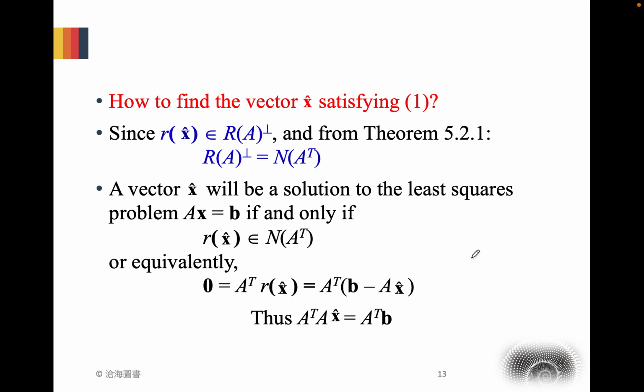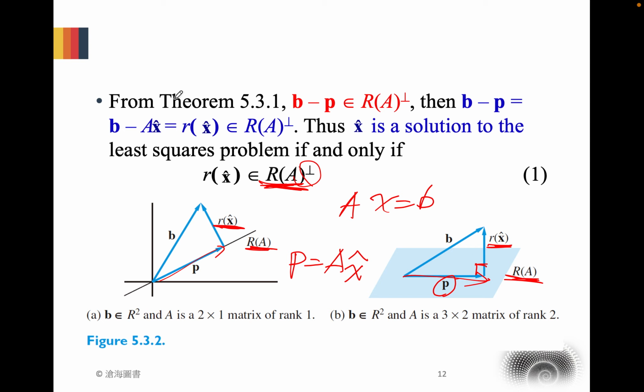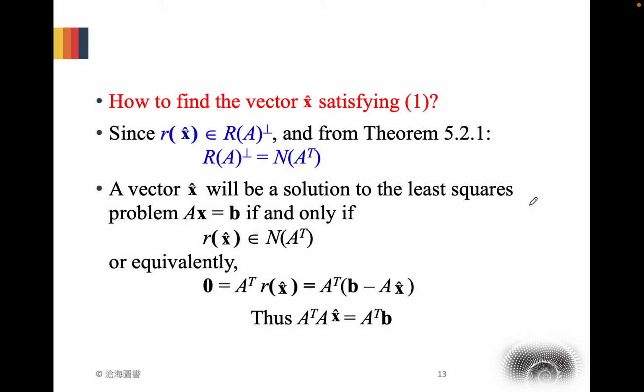But in previous slides, we didn't tell you how to calculate the least square solution, right? So now we go to find the vector x hat to satisfy equation 1. Equation 1 is this. We want to find the vector x hat to satisfy this equation. So how can we find that?